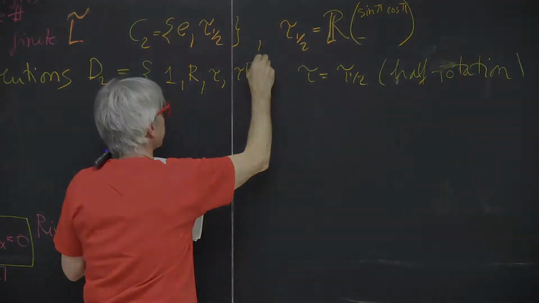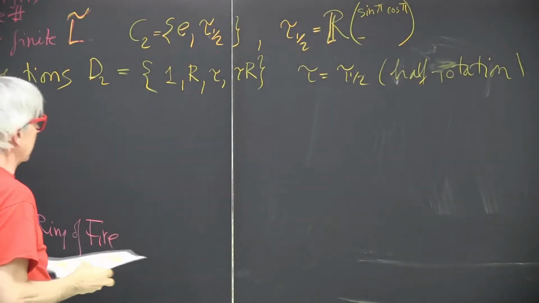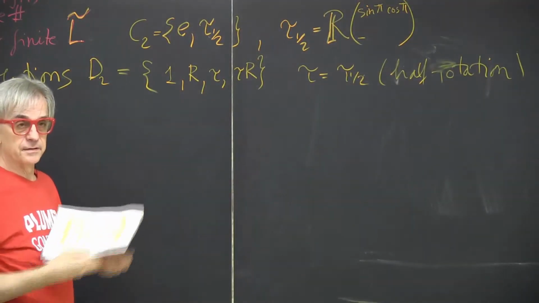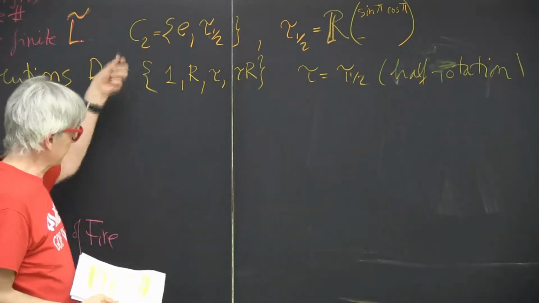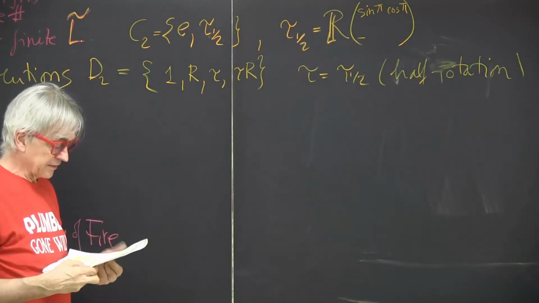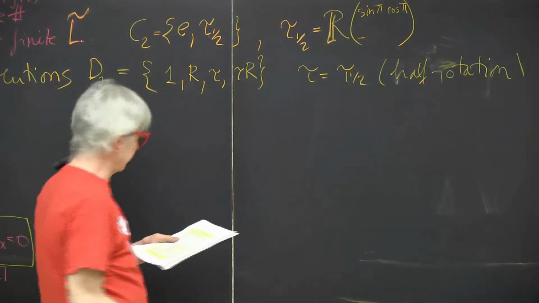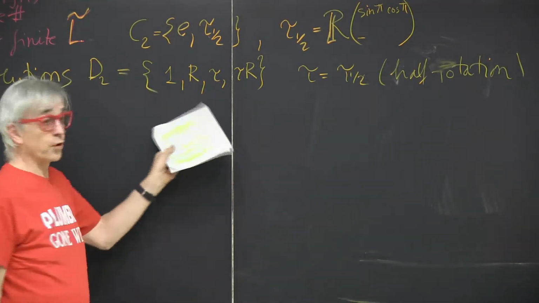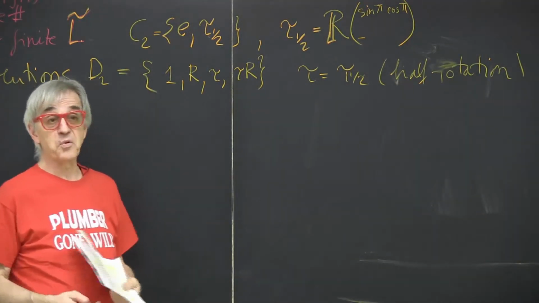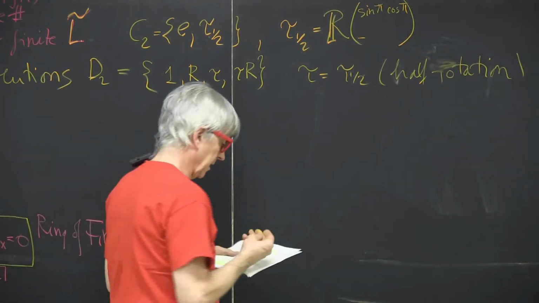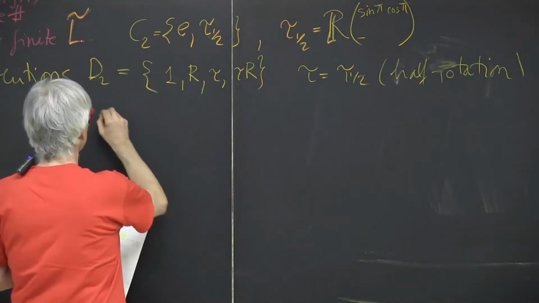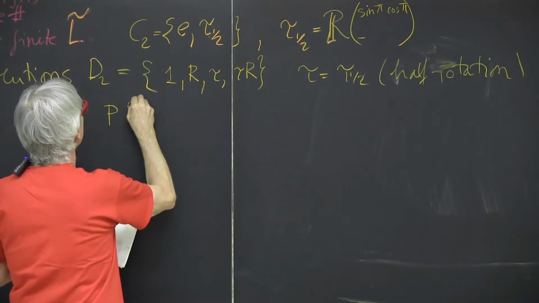So it's a group with 4 elements. And now I'll put this in the notes because the group theory gets very tedious to keep writing on a blackboard, but I'll just tell you what the result is: now, because we have 4 elements, we'll have 4 projection operators. And I'll write these projection operators, and they're kind of sensible.